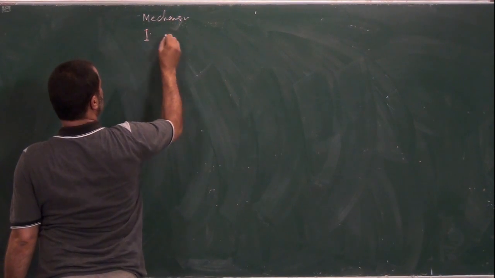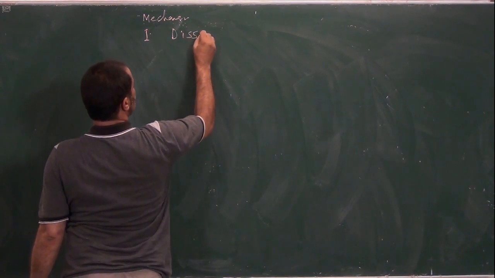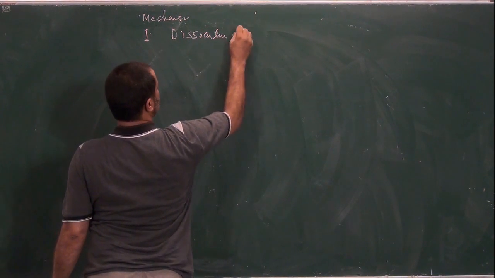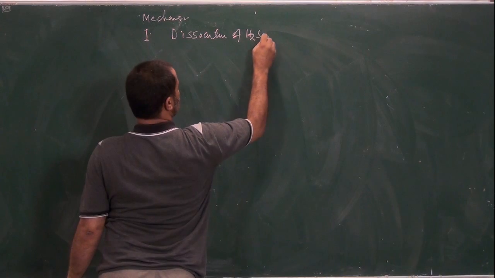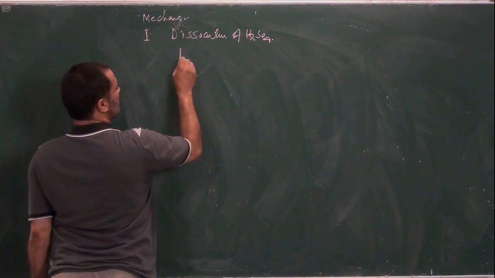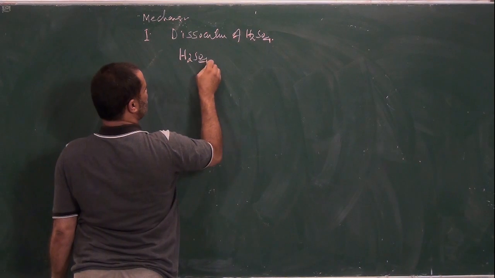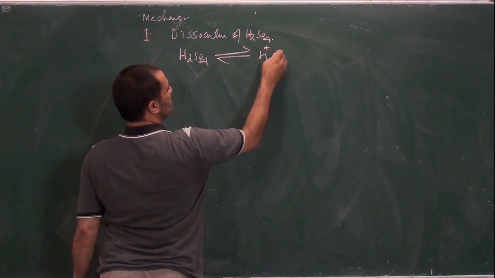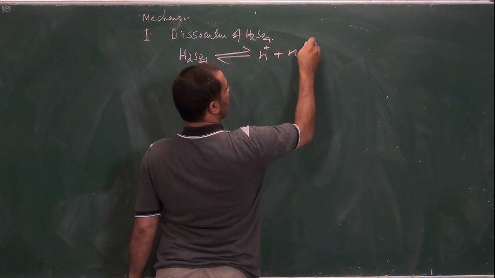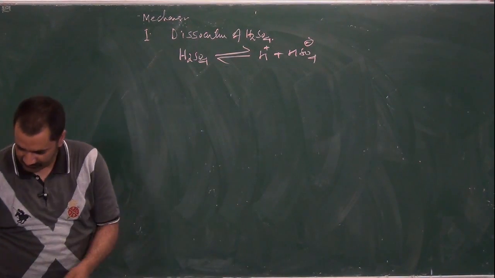Number one, the first step is dissociation of H2SO4. Once H2SO4 is dissociated, it results in the formation of H positive and HSO4 negative as per the requirement.